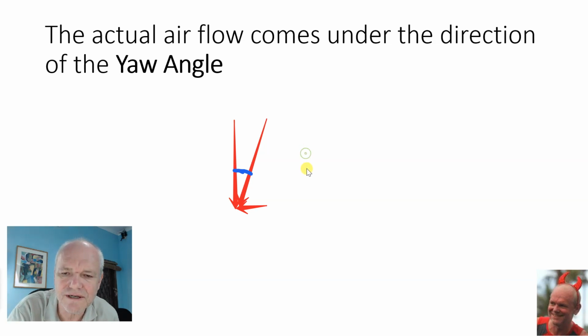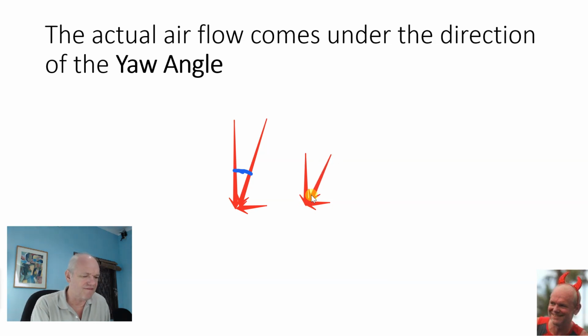Then we have 20 kilometers per hour, the wind from the side, and now you see that the angle here is larger than the one before. So the conclusion is, if you are at lower speed, you have a larger yaw angle, and if you are at very high speed, like the professionals, 45 kilometers per hour, they have a very low yaw angle.